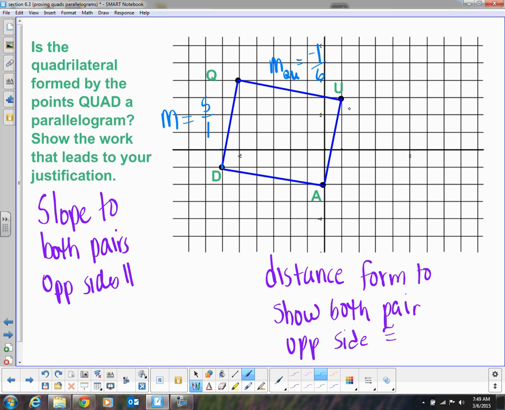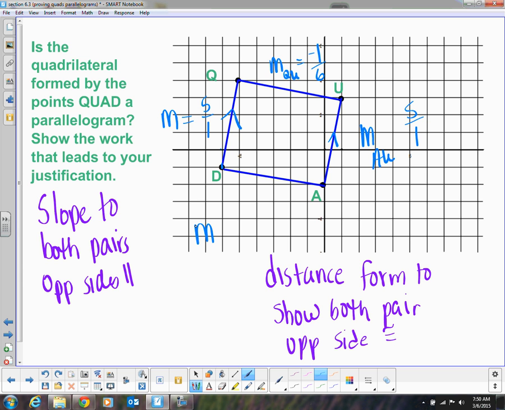So now I'm going to do the slope of AU. This is going to be a rise of 1, 2, 3, 4, 5. That's up. And a run of 1 to the right. So are these parallel? Because the slopes are what?